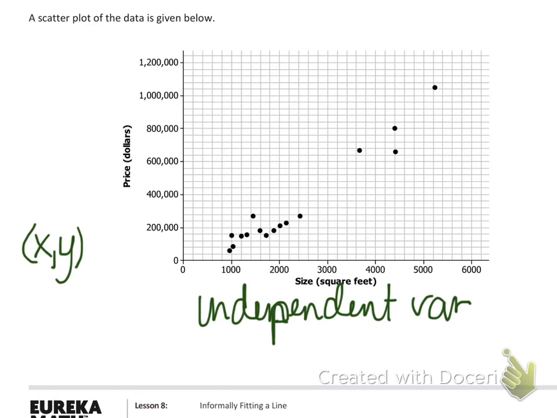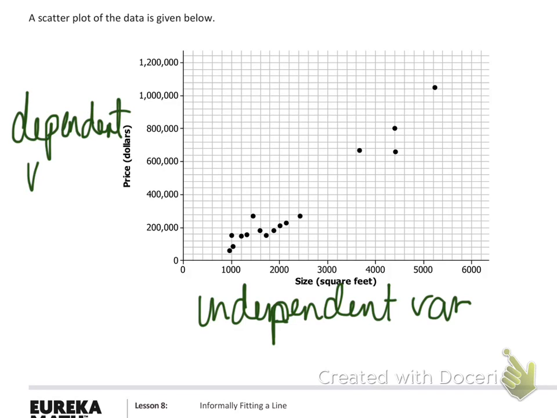Whereas this over here would be the dependent variable. And so when you're making one of these plots, you have to think in terms of which is the variable that I want to choose the value of, and then figure out or predict from the plot what the dependent variable would be.